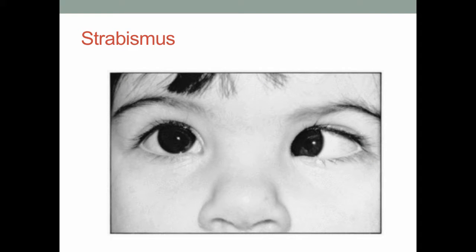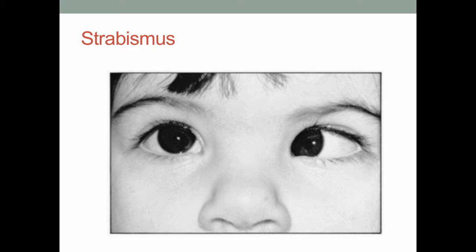So here's a slide with an extreme case of strabismus. But as you know, you're going to do your cover-uncover test. As you hold something occluding one eye and shine the light in the other eye, you will quickly move the paper or hand or whatever that's occluding the eye away.